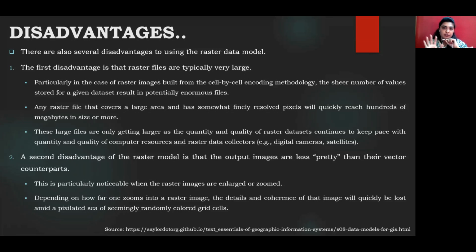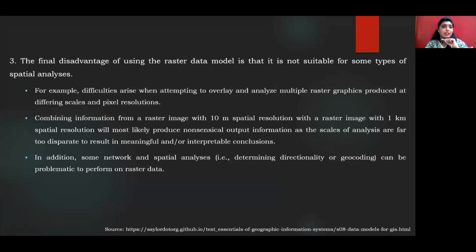If it's a vegetative area and it's an FCC image, you'll only find red, red, red. The computer can recognize light red and dark red and blood red, but for us it is difficult to recognize. So it becomes very blurred, and it's less pretty when you look at that kind of image.